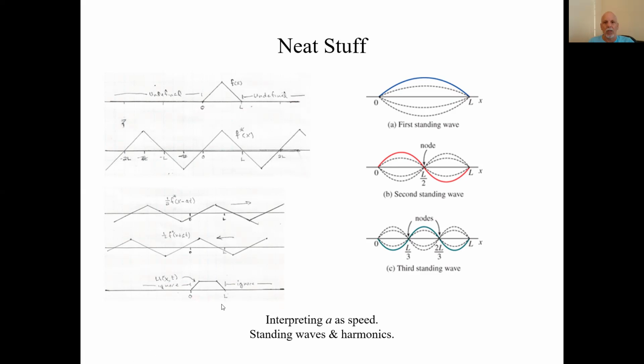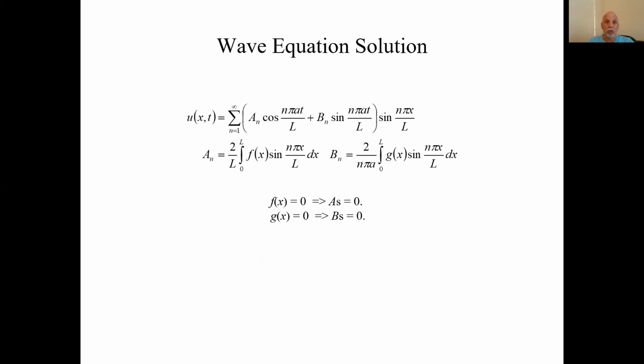The other interpretation, let's go back to the solution. This thing here you could rewrite using a trig identity in terms of pure cosines with a phase shift or pure sines with a phase shift.